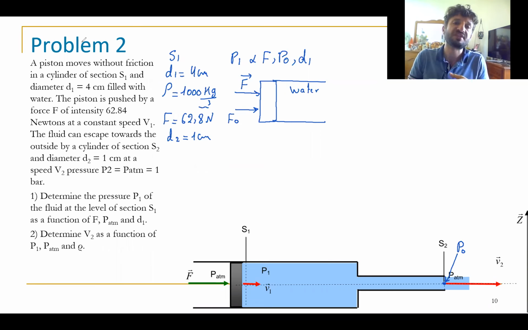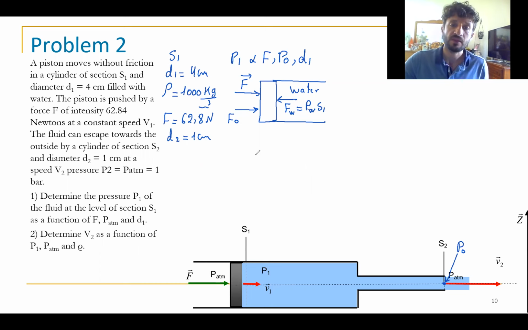We have a force applied by the water on the piston, F water equal to P of the water times S1.